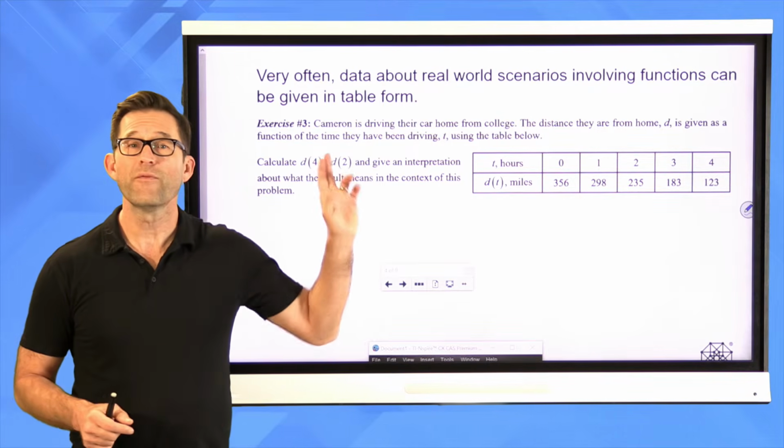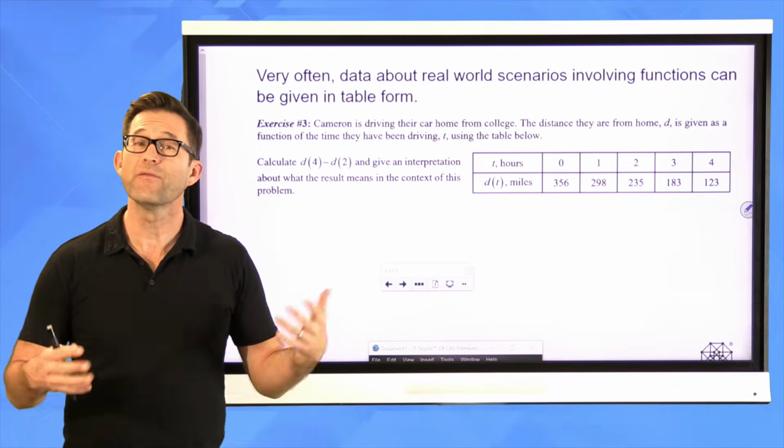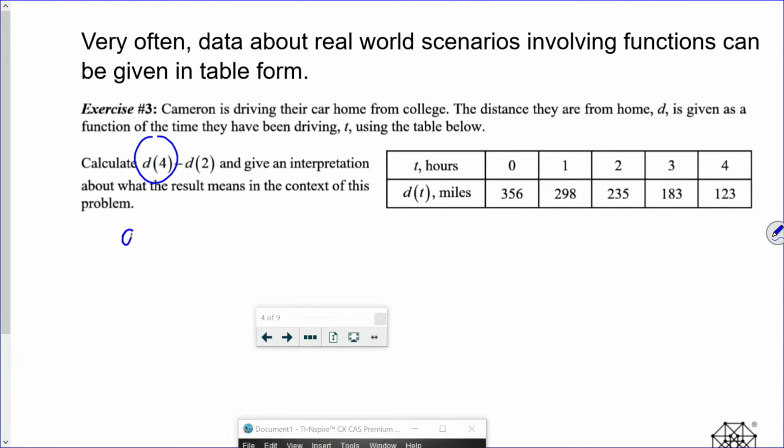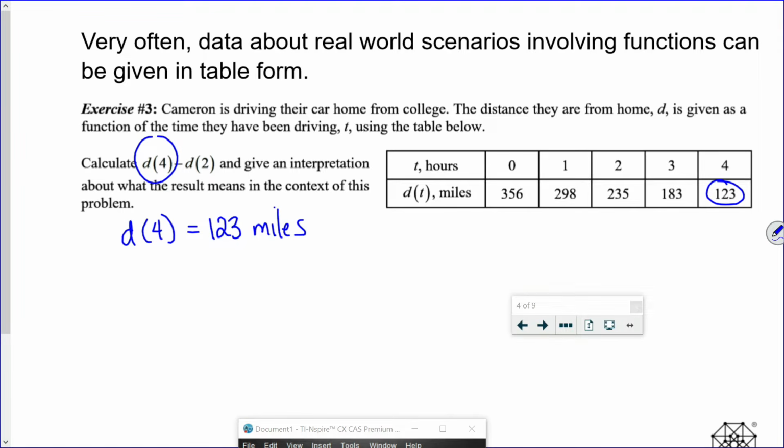All right, well, before I do this subtraction, this difference, let me first write down what each value is equal to. Well, I need d of 4, right? So d of 4 is going to be the output when the input is 4. That's 123 miles. So Cameron is 123 miles from home when 4 hours have gone by. Let's see, d of 2 is going to be 235 miles. So Cameron is 235 miles away from home after 2 hours.